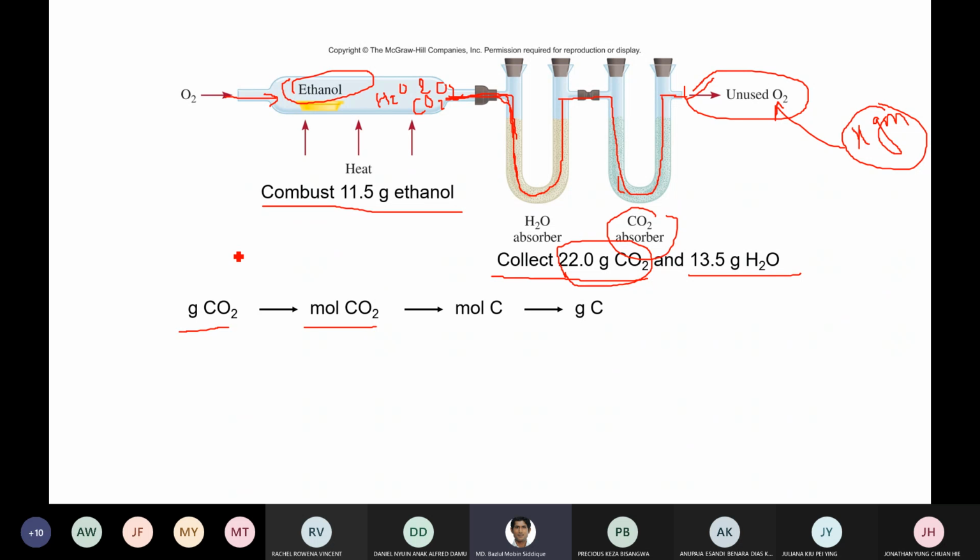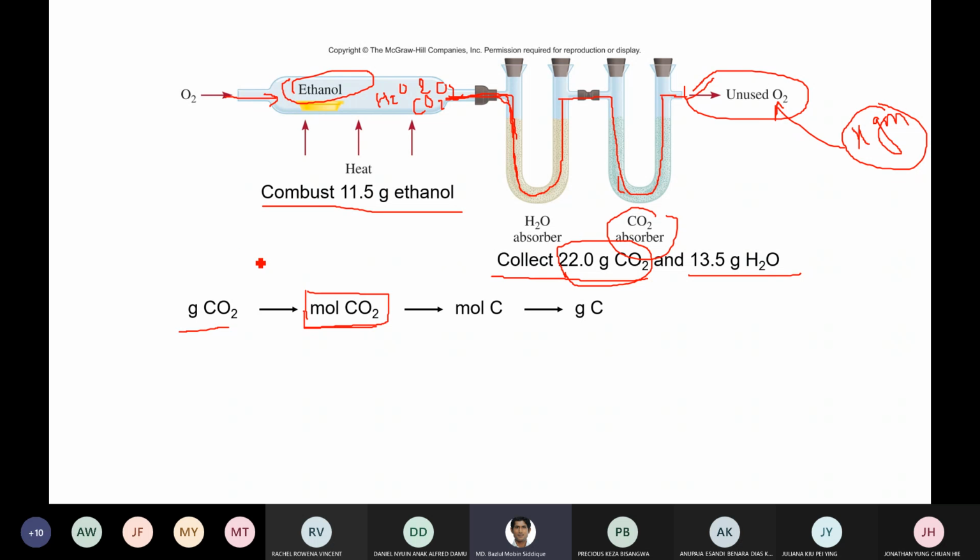So all the time, we should convert from gram or liter or whatever to number of moles of that chemical, and then we can convert it back to grams or other units. So for the grams of carbon dioxide, we find the number of moles of carbon dioxide, and from that we will find how many moles of carbon there are. From there, we can find the number of grams.